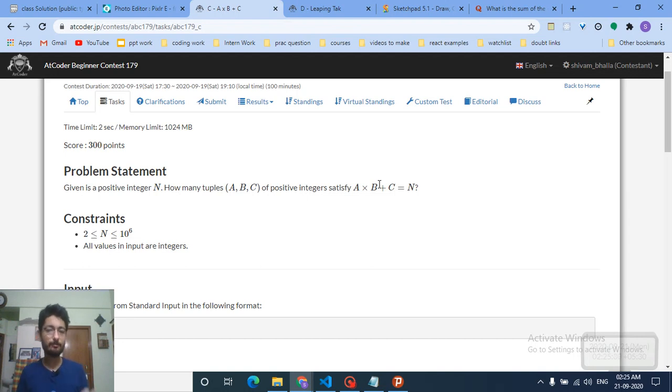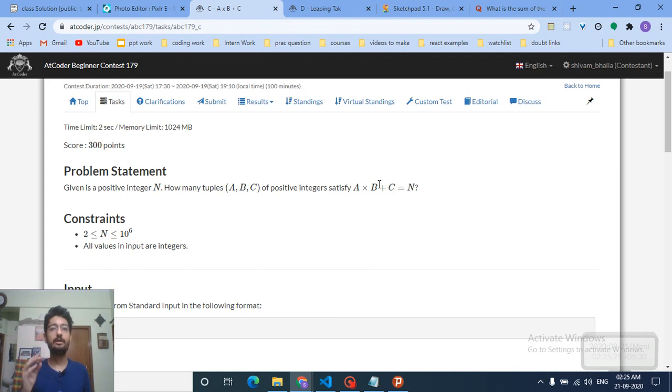So either A is 10 to the power 6 at max and B equals 1, or B equals 10 to the power 6 and A equals 1. The multiplication of A into B is up to 10 to the power 6, not A and B individually. Okay, so these are the upper bounds for A, B and C.